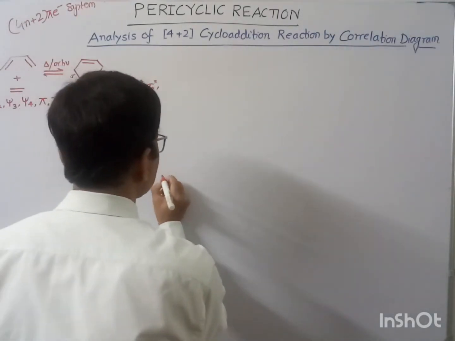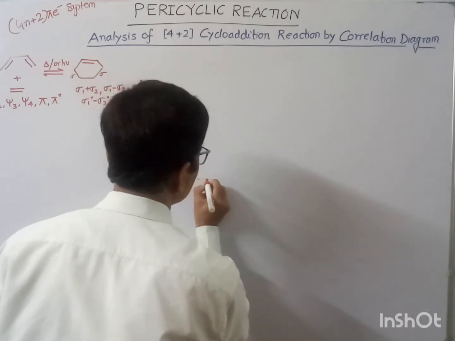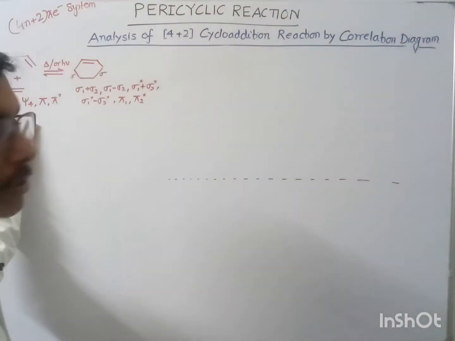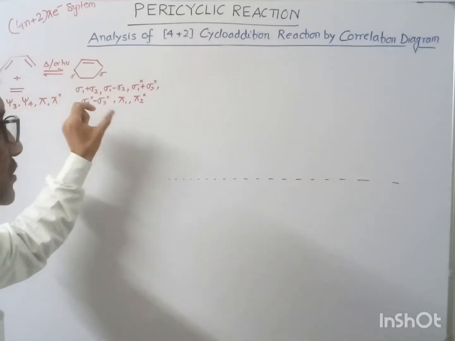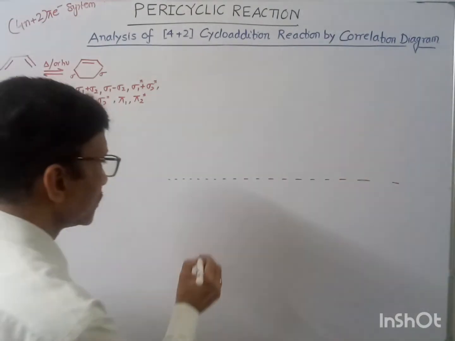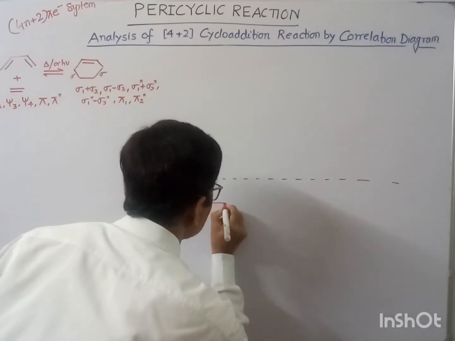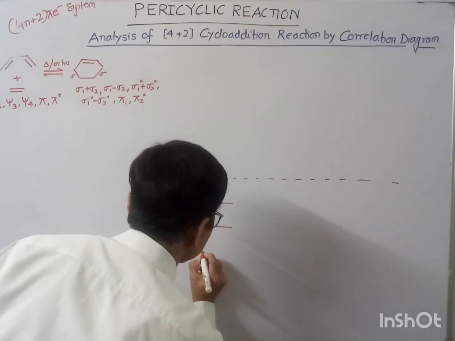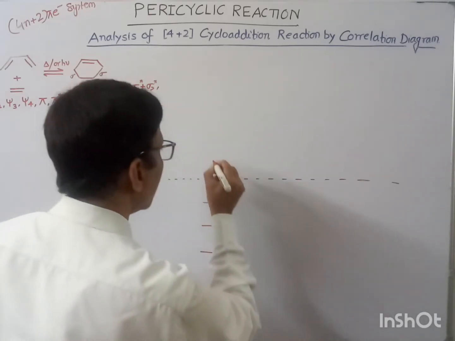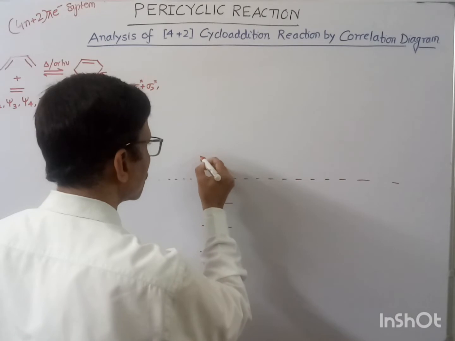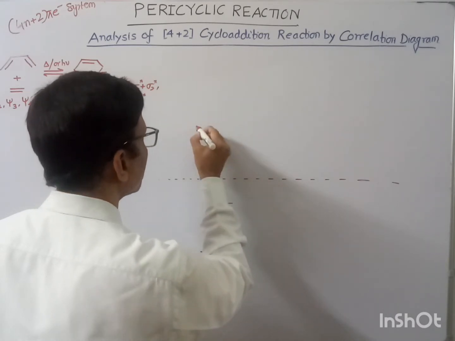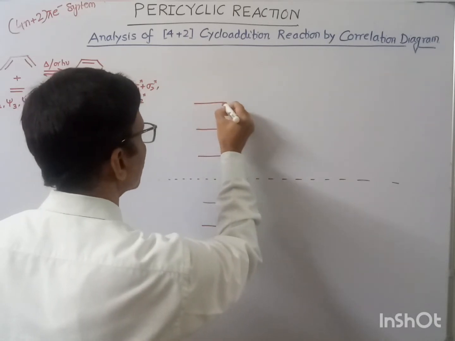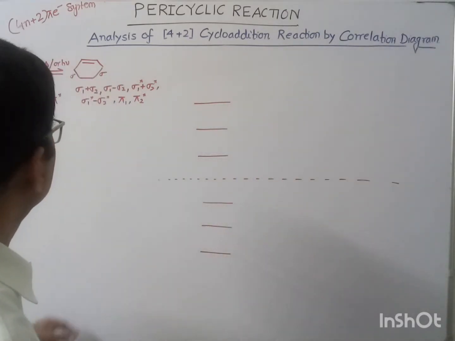Now I may draw the correlation diagram for this 4+2 electron system. So for this, let's draw it. Okay, so 6 molecular orbitals in reactant and 6 molecular orbitals in product. This is bonding, 3 bonding molecular orbitals and 3 anti-bonding molecular orbitals. So I may write the name.